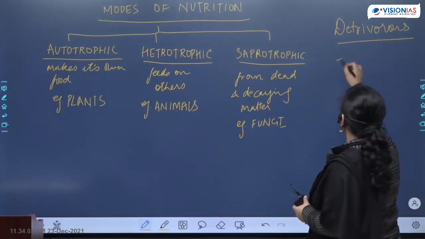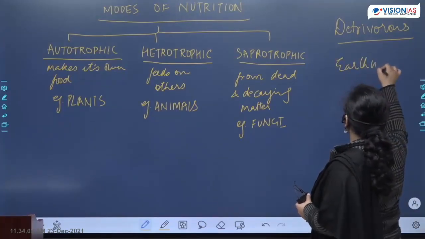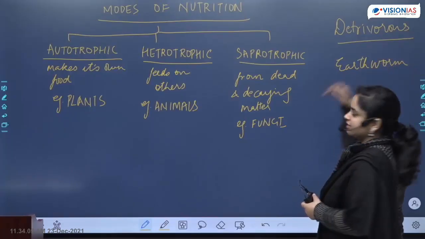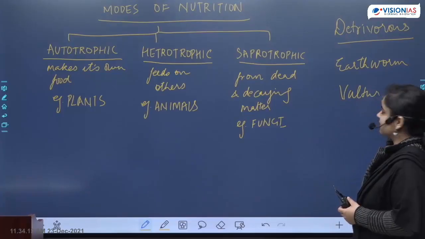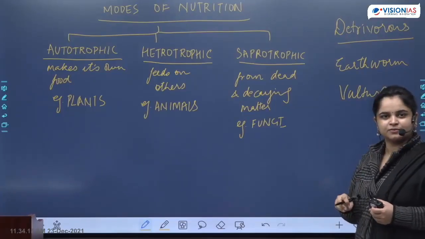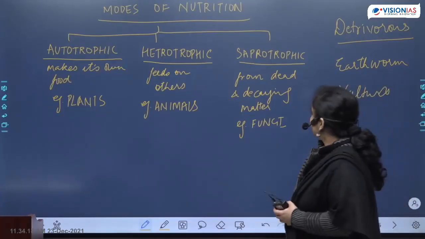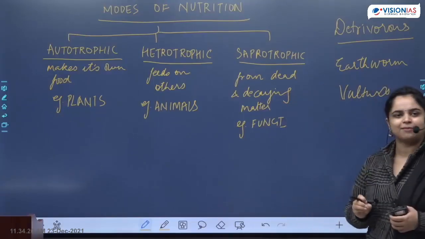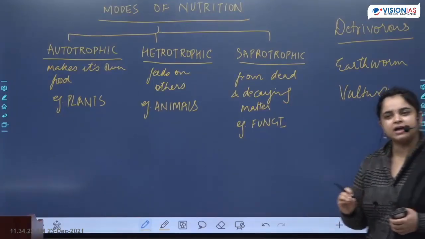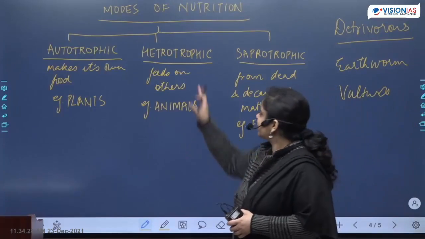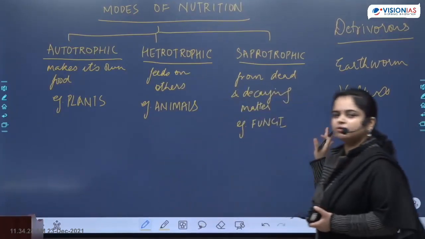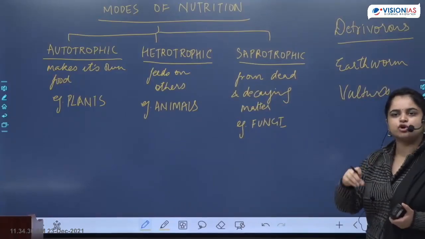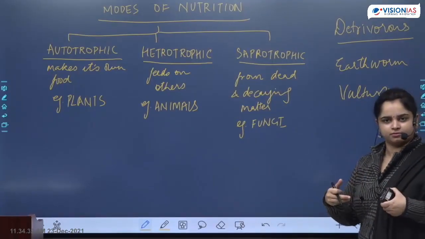For example, earthworm feeds on dead bodies, or like you have the example of vultures. Now, they are not saprotrophic. Why? Because just like we are taking our food inside the body, they are also doing the same thing. The vulture is going to cut it and eat it.